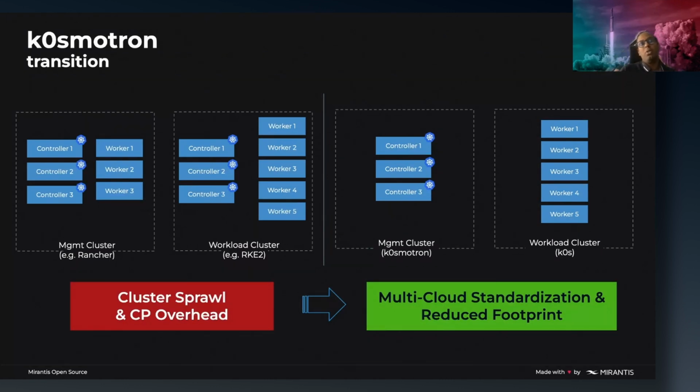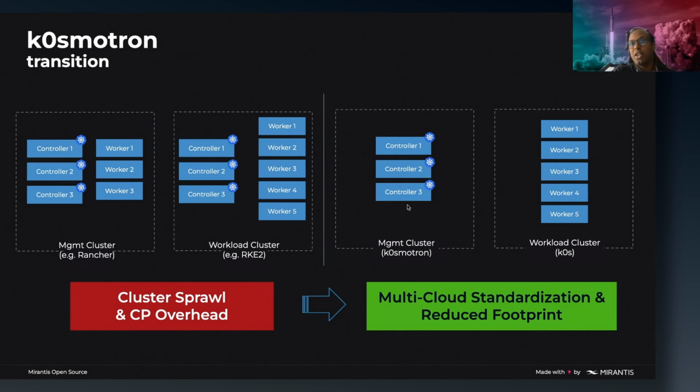With k0smotron, the concept is changed, right? So we change the perspective and we say we don't need to deploy dedicated control plane nodes for each child cluster. What we will be doing is we will have only 3 controller nodes, right?